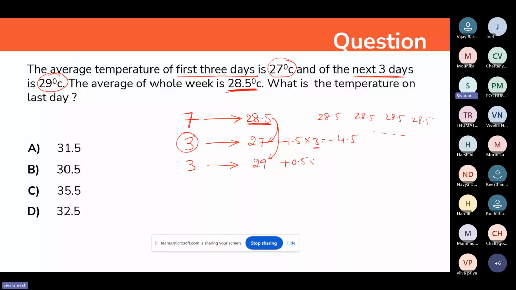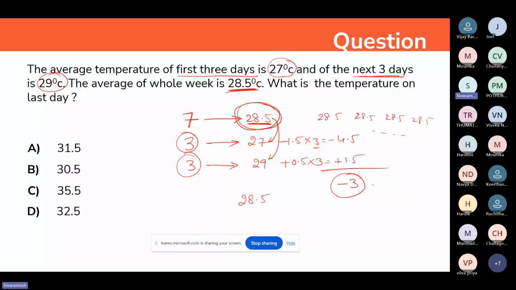Now if you want to tally this, 0.5 into 3 is 1.5, correct? Minus 4.5 plus 1.5 is minus 3. Very simple, guys. What we assumed as the whole week temperature is 28.5, but the value is not getting tallied.